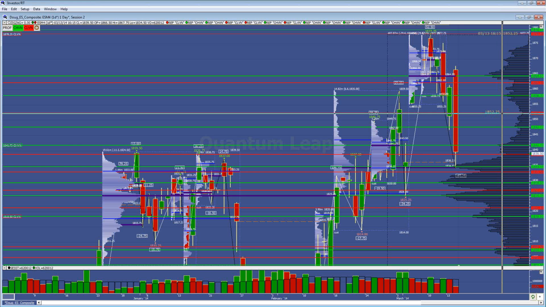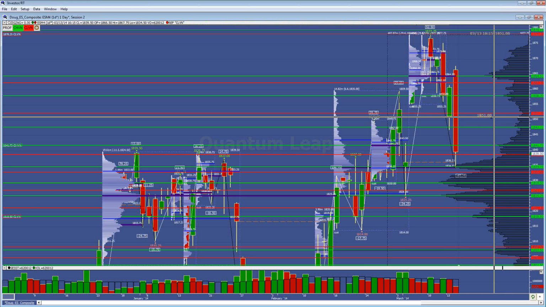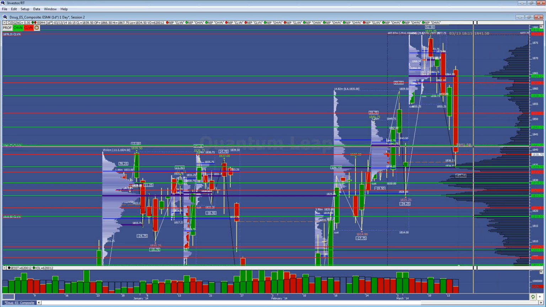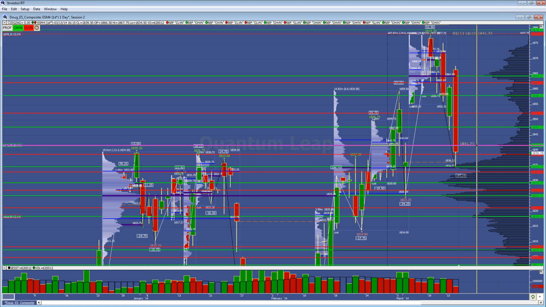If we stay below that, then I think we still continue to see weakness and probably rotating around this 41.75.